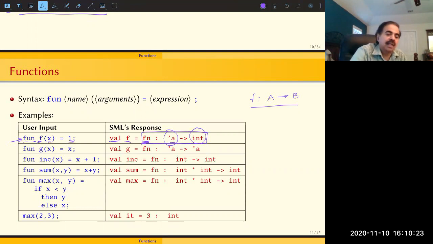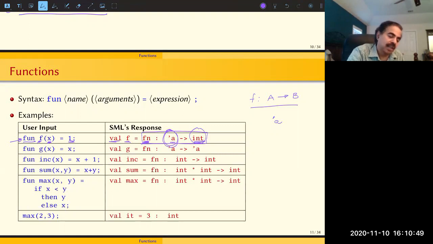The only difference is that because you completely ignore x, x can be anything, right? So that's why it uses this, what that stands for is any type. Okay, so it says that the input can be any type, the output is an integer.